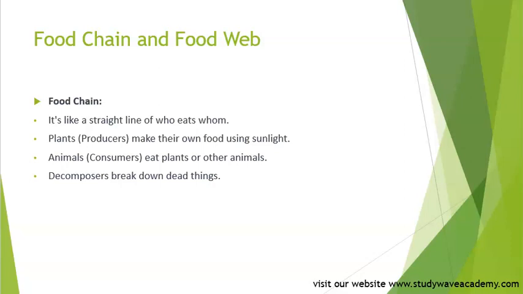It consists of three main components: the plants, which are the producers. They make their own food using sunlight. Then the consumers, which are the animals. They eat plants and also other animals.